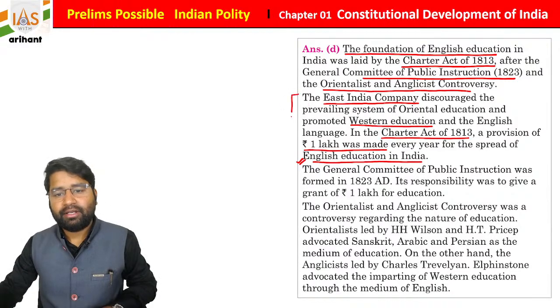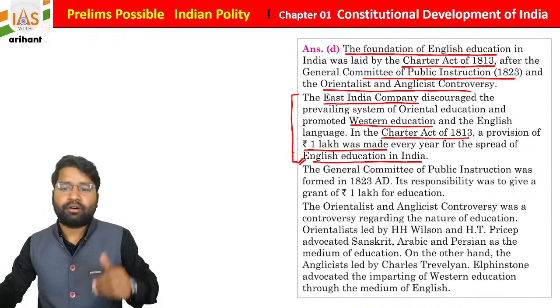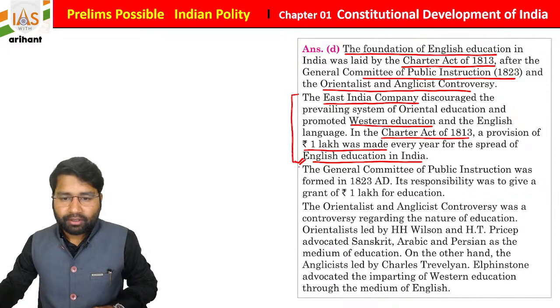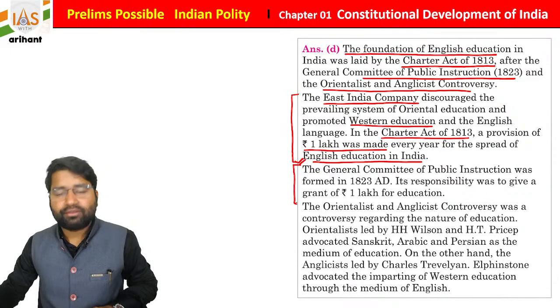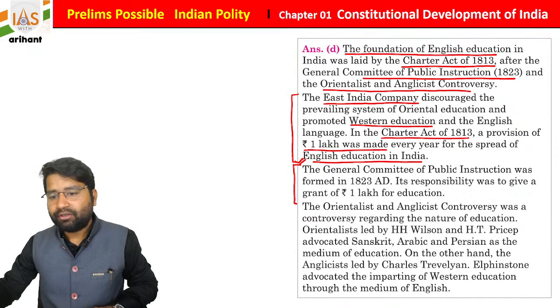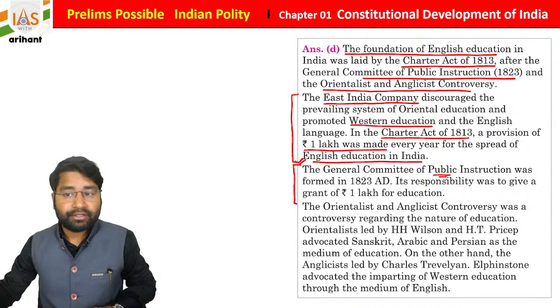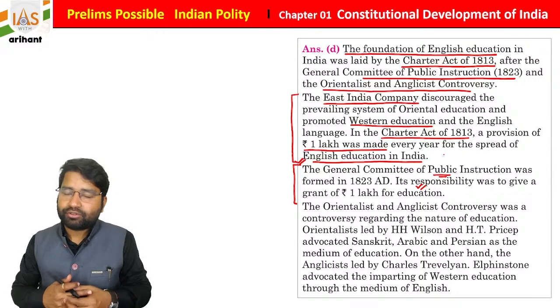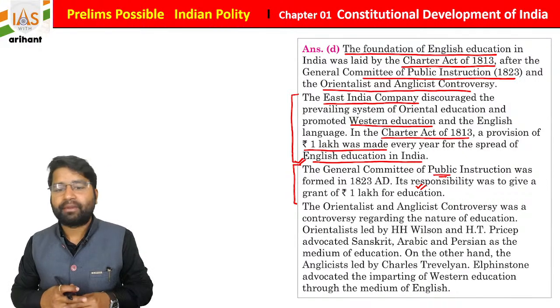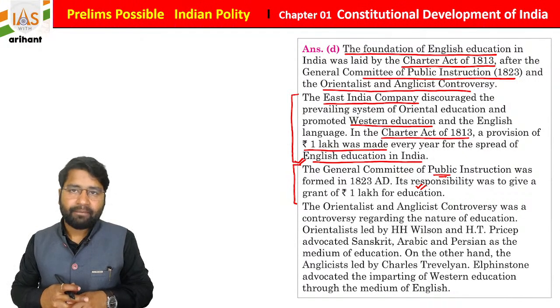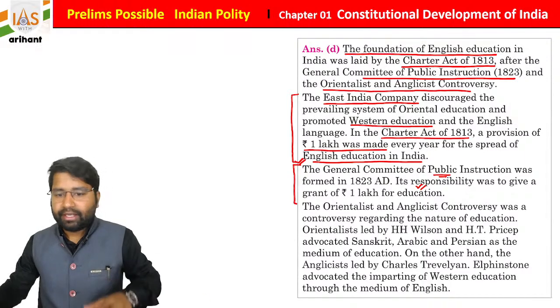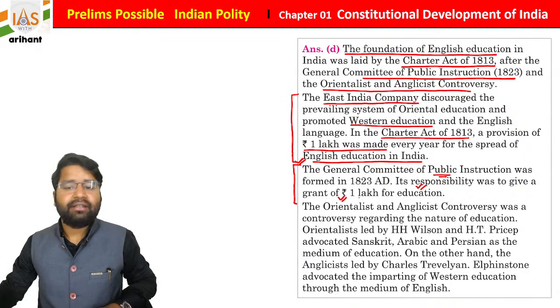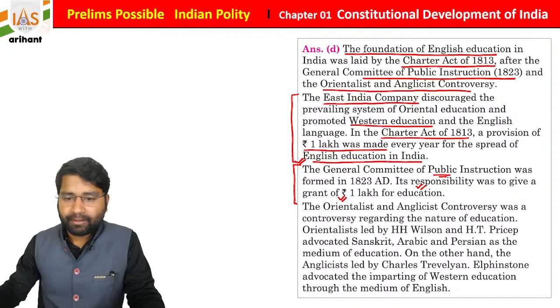So automatically, as you see, option 1 is going to be correct. Statement 2 is also going to be correct. The General Committee on Public Instruction was created in 1823, and it was given the responsibility to promote English education. Okay, and they made a grant of 1 lakh rupees per annum.